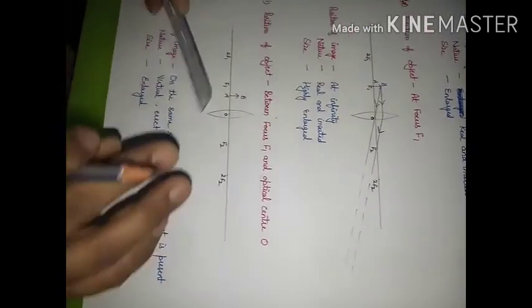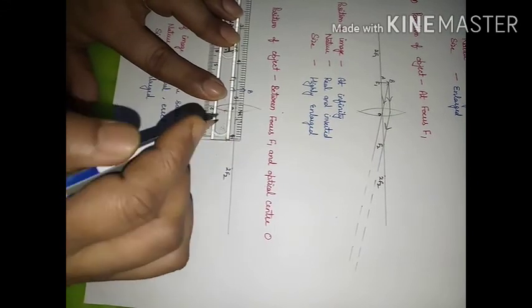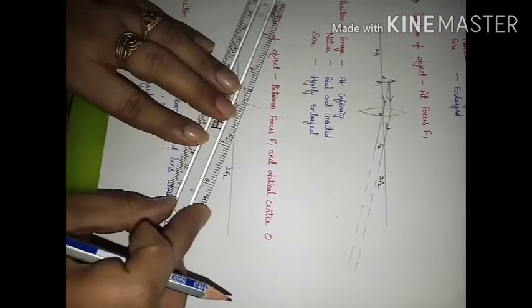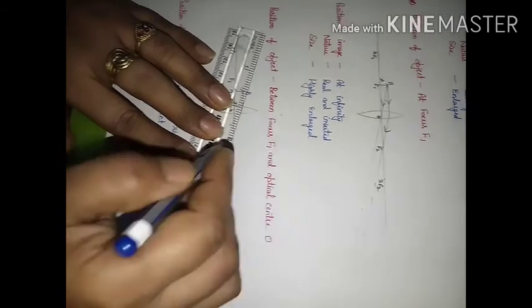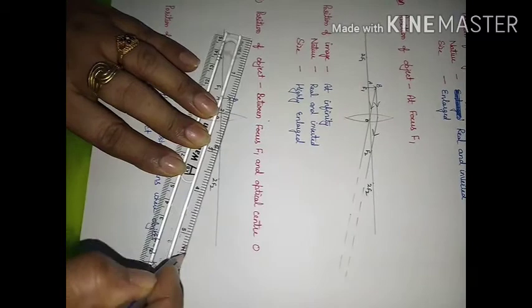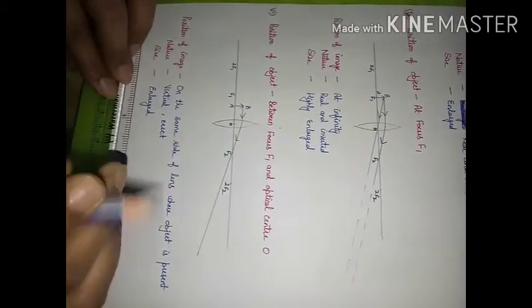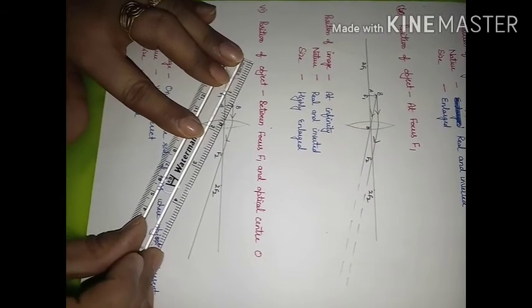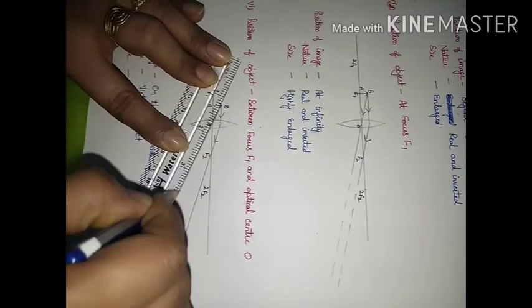So again we will consider one ray of light coming from this point, and after refraction it will pass through the focus. Another ray of light is coming from this point, passing through the optical center.